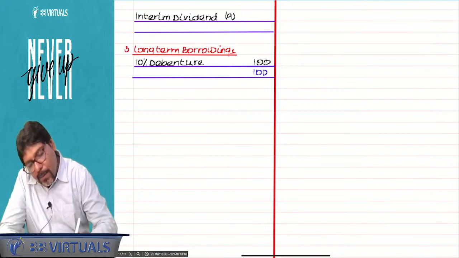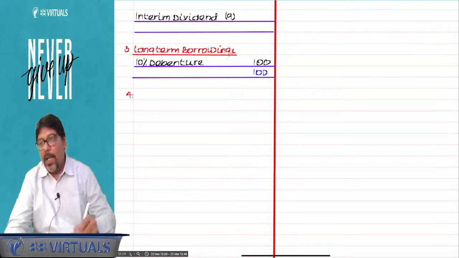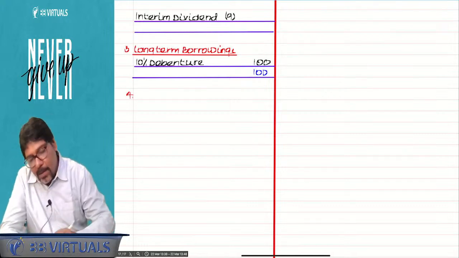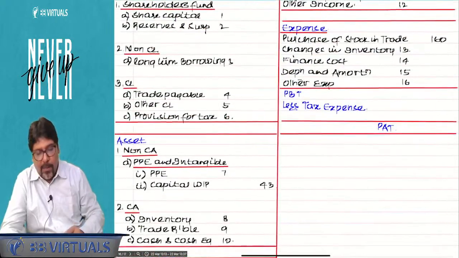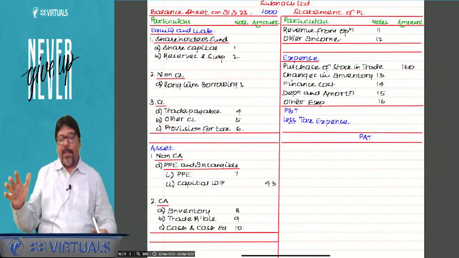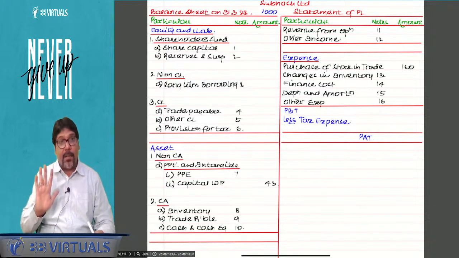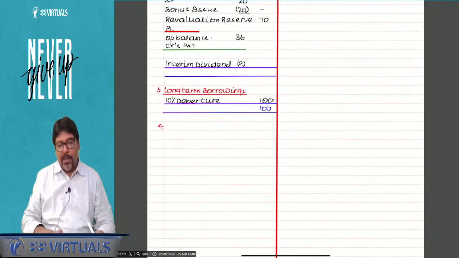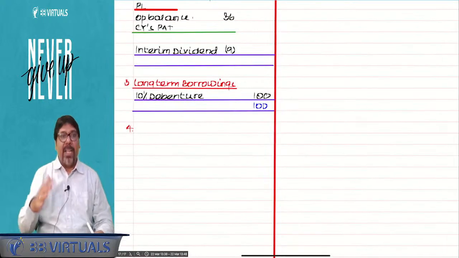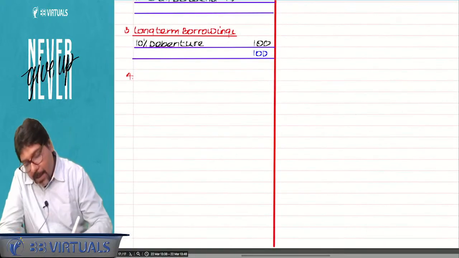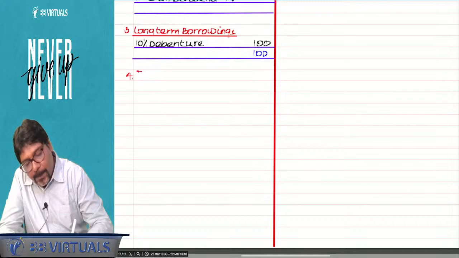After that, number 4. Number 4 is trade payables. All notes are over here. If you want, you can take a pic so you can refer which notes will sequentially prepare. You should have written logically. But by chance, trade payables.